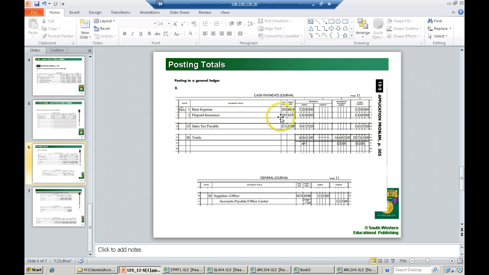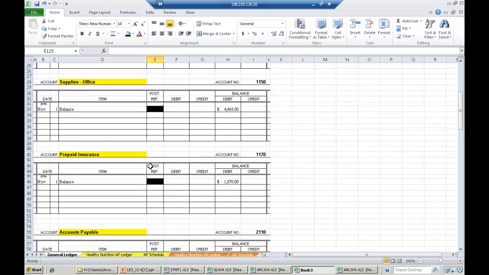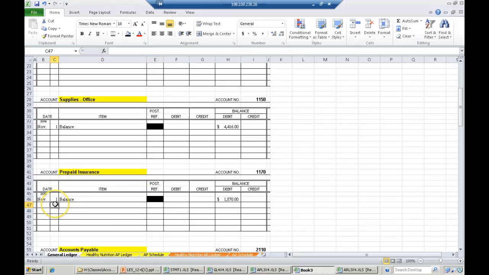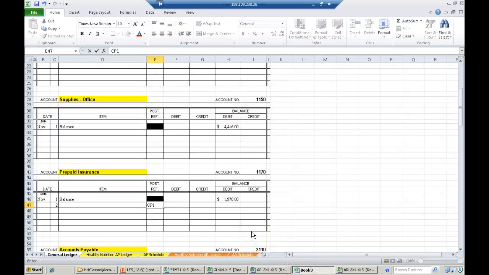On the second, prepaid insurance, $14.40. So let's go to prepaid insurance, which is an asset. And this happened on the 2nd. This again came from Cash Payments Journal, page 11, so CP11.